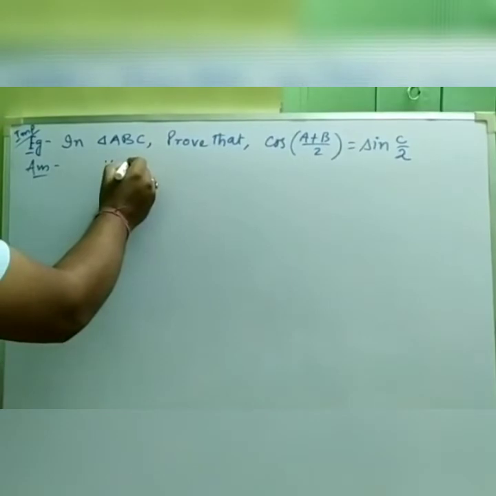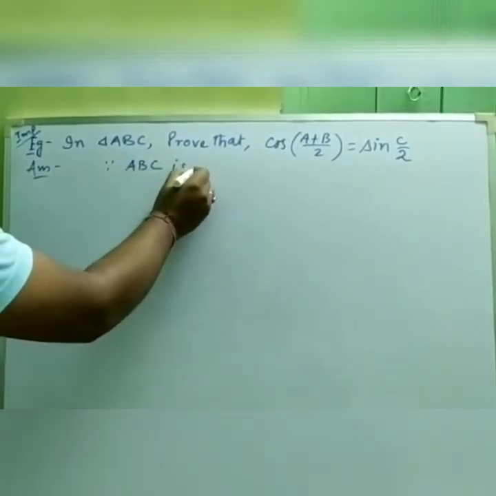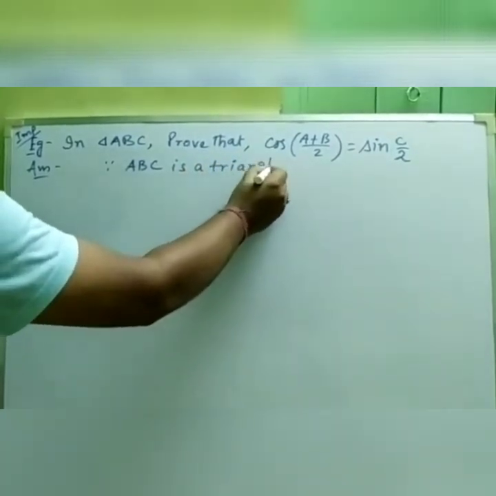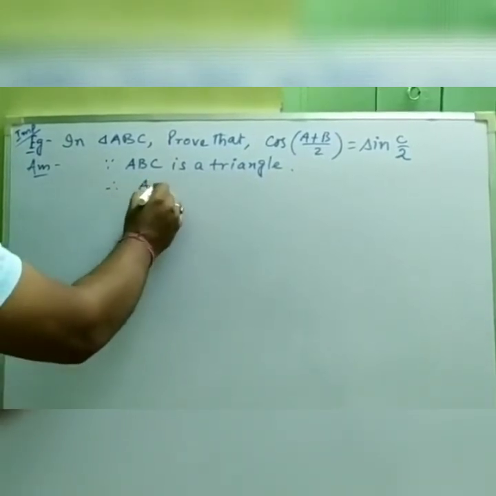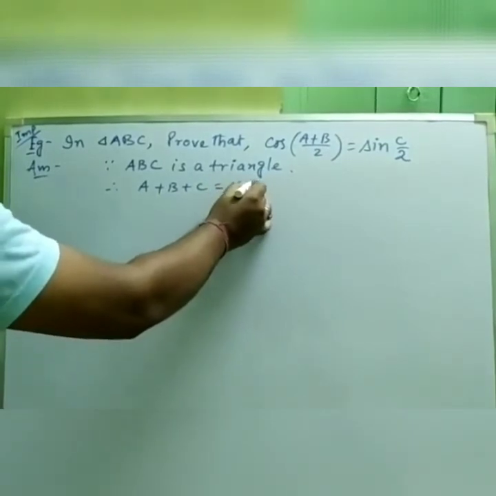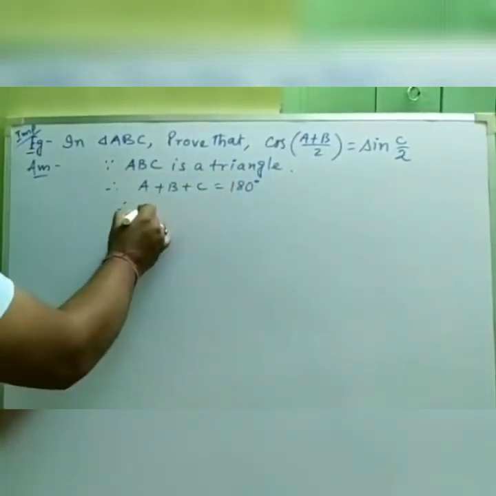Since ABC is a triangle, therefore A plus B plus C equals 180 degrees. We have A plus B together, so we will shift C to the RHS.